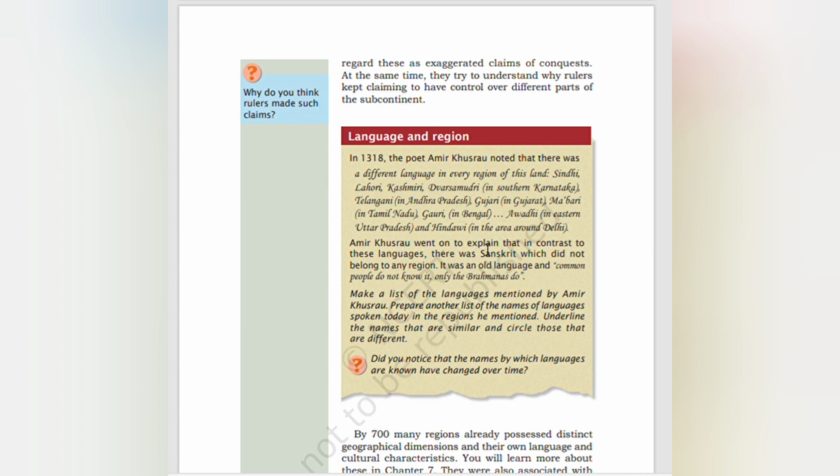Amir Khusro went on to explain that in contrast to these languages, there was Sanskrit, which did not belong to any region. Like Sanskrit is a common language. It was not an old language and common people do not know it, only the Brahmins do.